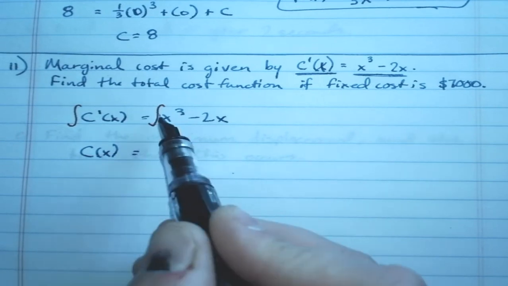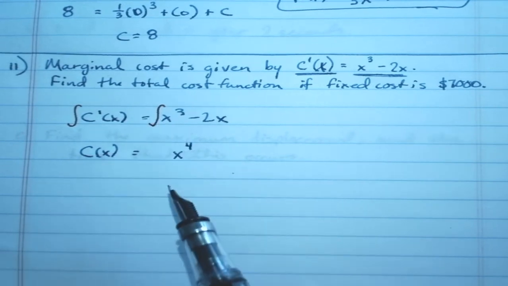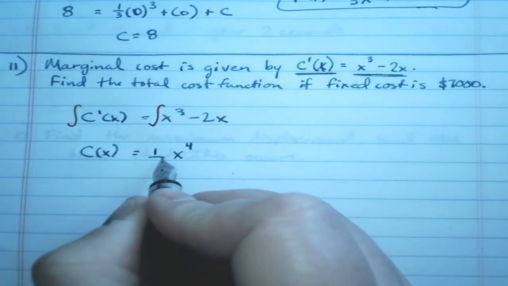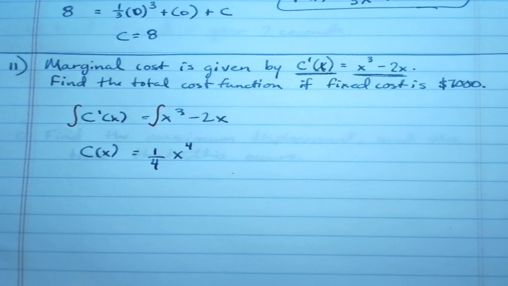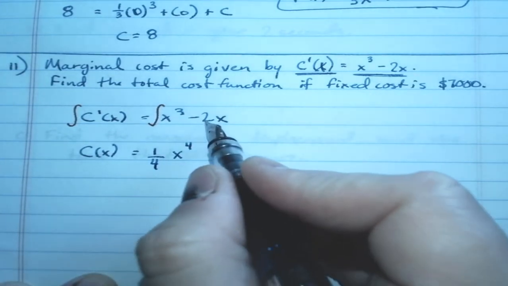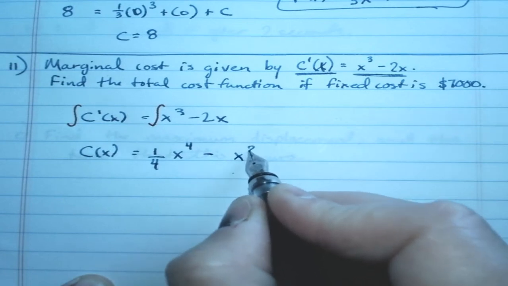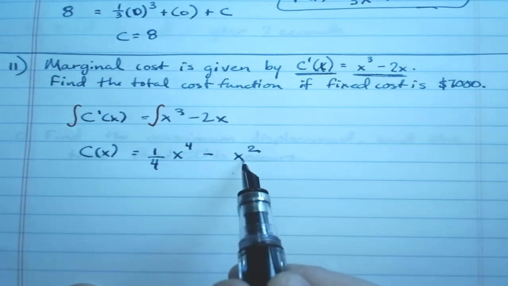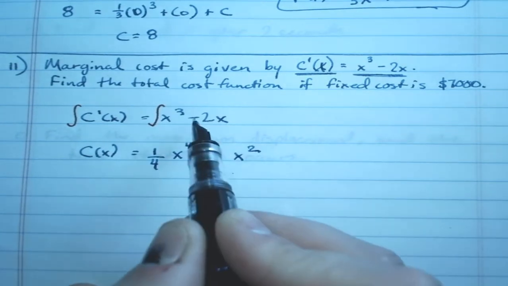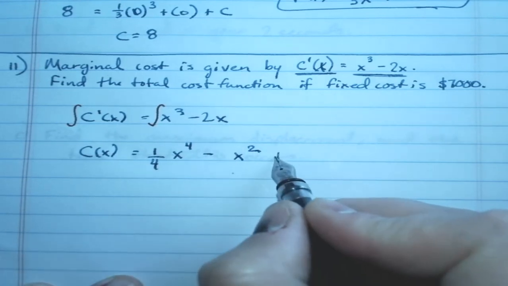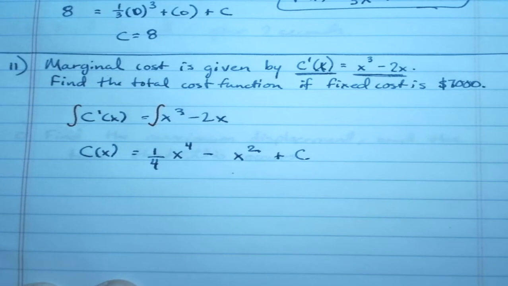That derivative would be 4x cubed. I don't have 4 of those. I have 1 of those, so I have to adjust my coefficient. Okay? This guy, negative 2x, is going to be negative, and he's going to be x squared. Take his derivative. 2 times 1 makes 2. Oh, yay, look, that actually worked this time. And then plus c. Okay?